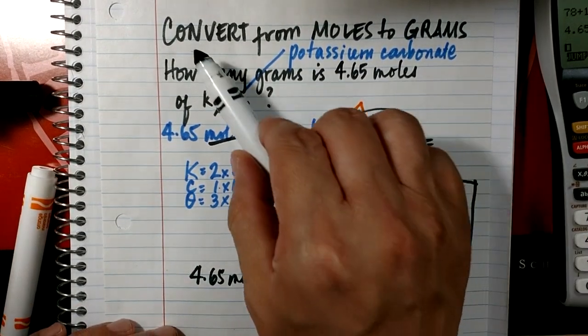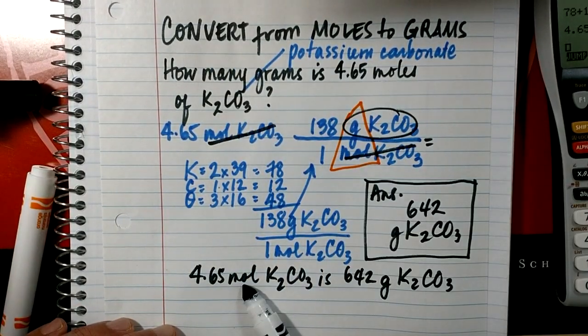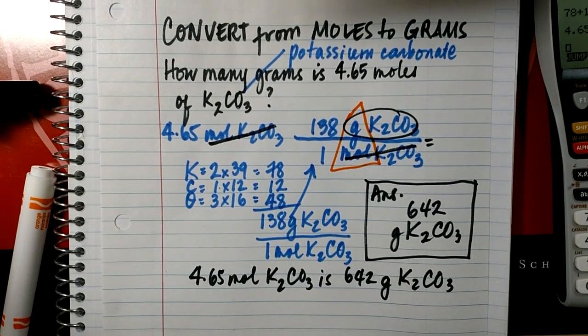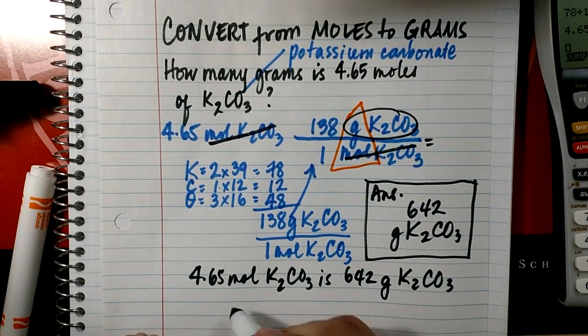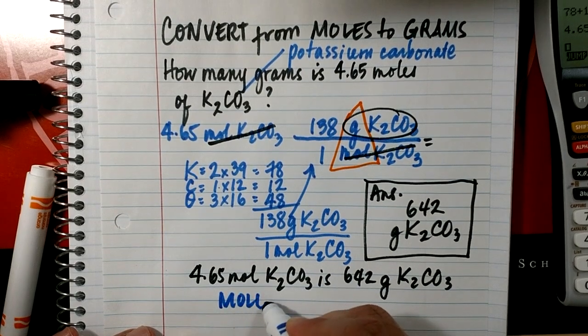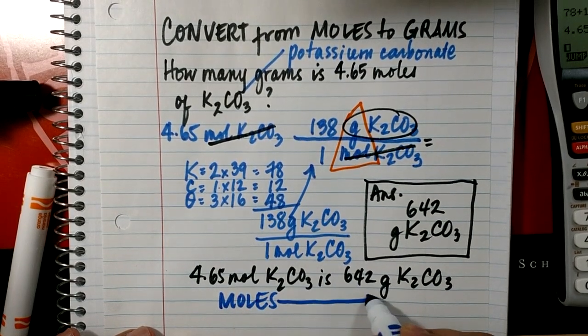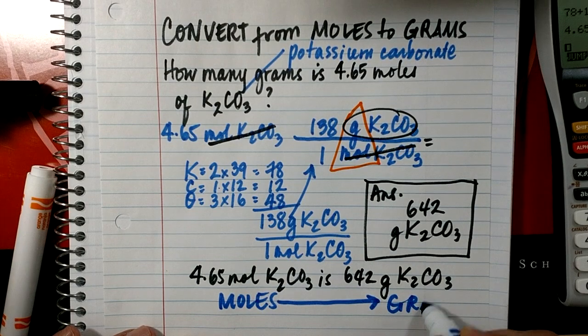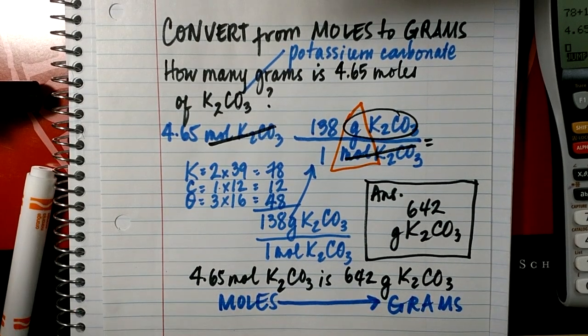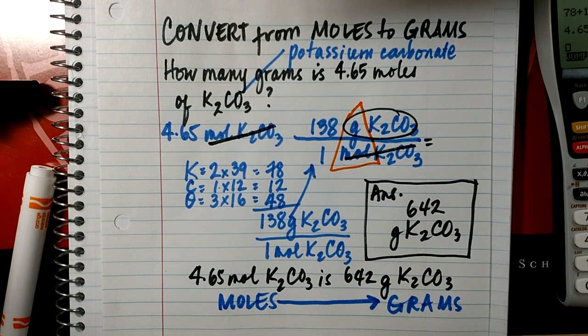And that's how to convert from moles to grams. That's exactly what we were able to do here. We were able to take this unit, moles, and convert that amount to grams. And now you can use all these skills to solve the worksheet.